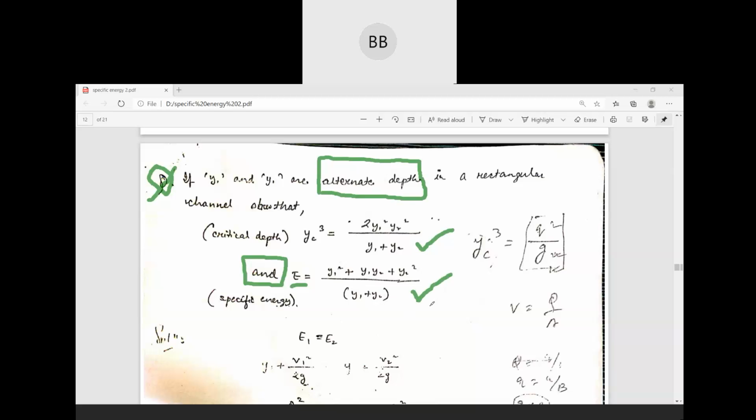So what the question says: if y1 and y2 are two alternate depths in a rectangular channel, then we have to prove that the critical depth cube is equal to this expression, and for specific energy it is this expression, that is y1 square plus y1 y2 plus y2 square divided by y1 plus y2.